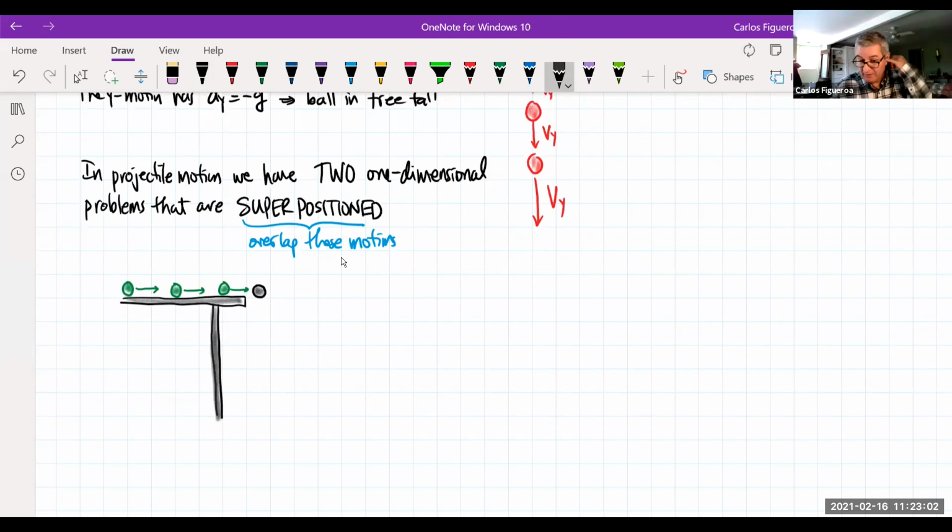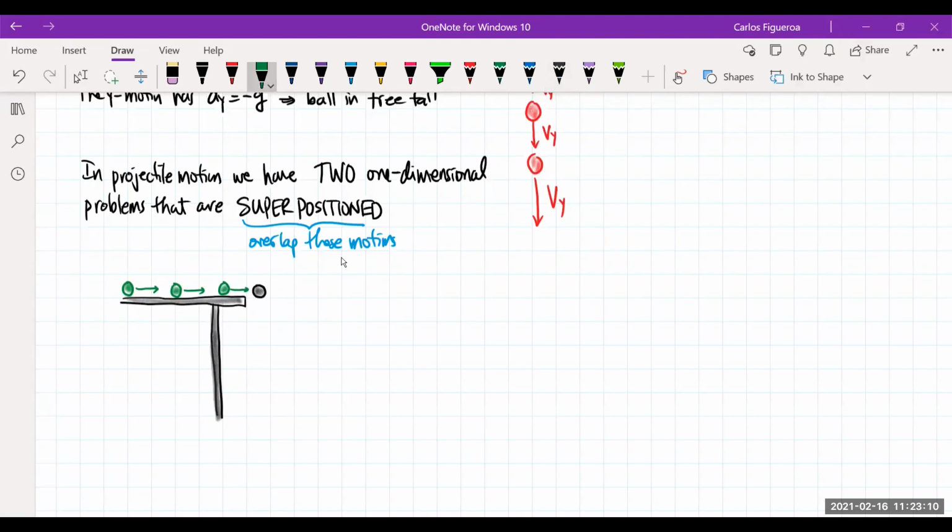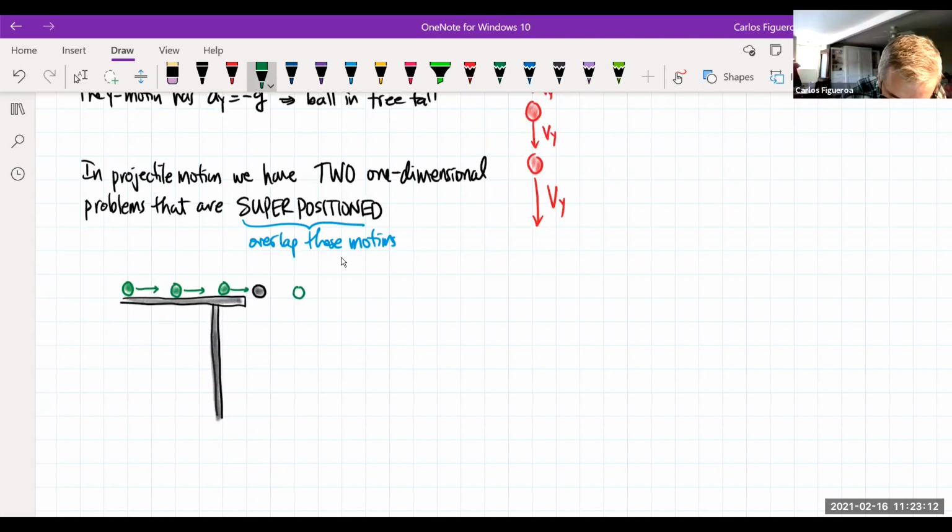The moment that it goes off the table, I have two one-dimensional problems. There's a problem where this thing is moving at constant velocity along the x direction. So here's one of my motions, which is continuing to move like this. But now there's a second motion.